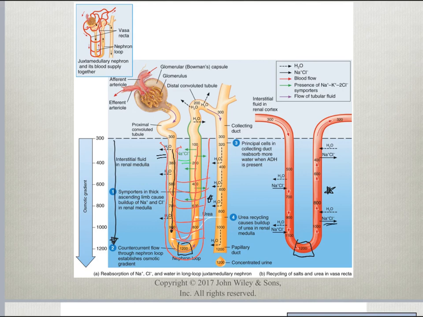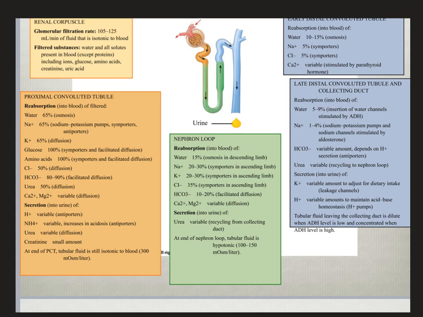So again, what we're doing is this multiplier, where salt is moving out once, water is moving in twice, salt is moving out three times, and we get this increase in osmolarity in the interstitium. So this gets to be super salty, and this is good because it keeps the dynamics of this tubule working and going.